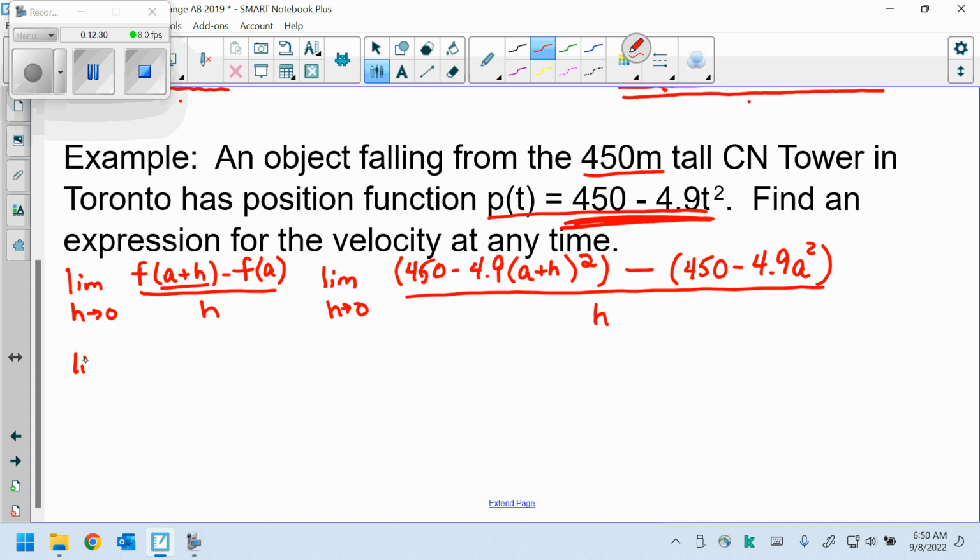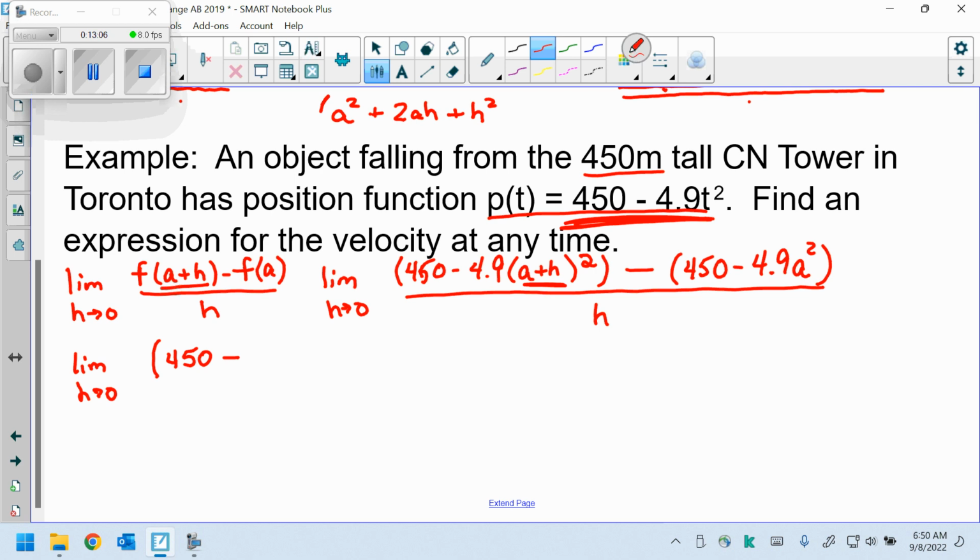We're going to take the limit as h approaches 0. And in this first set of parentheses up in the numerator, we have 450 minus, well, a plus h squared. If I squared a plus h, I think I'd get a squared plus 2ah and h squared.